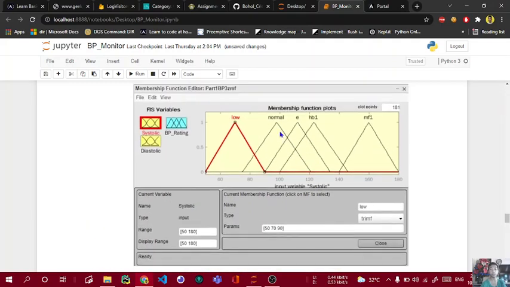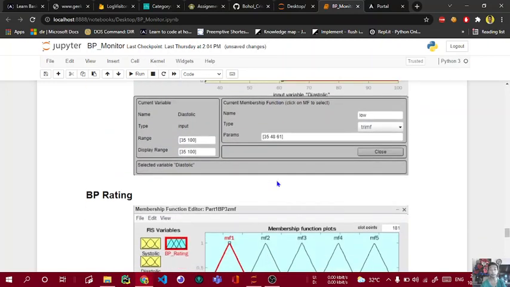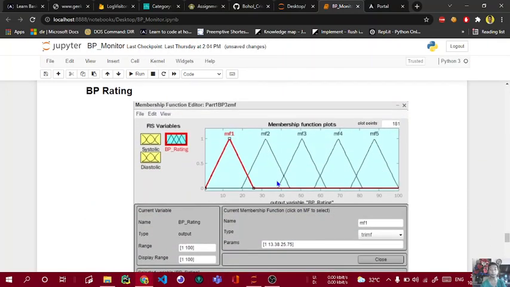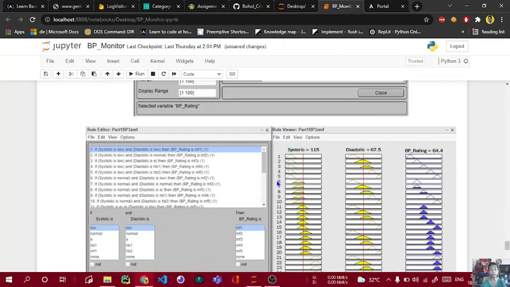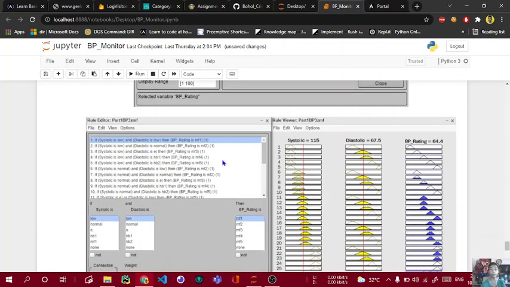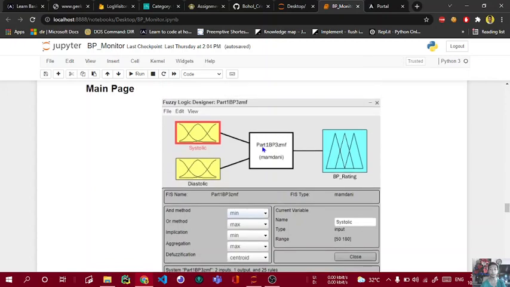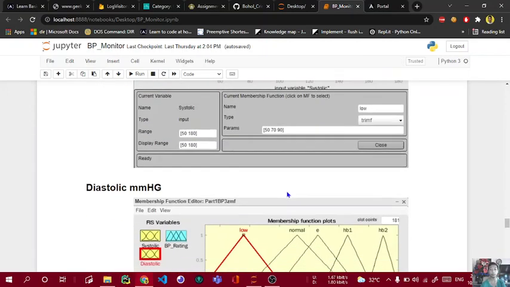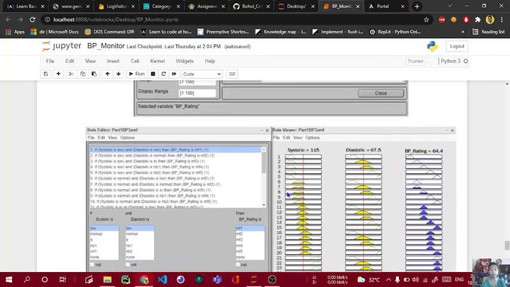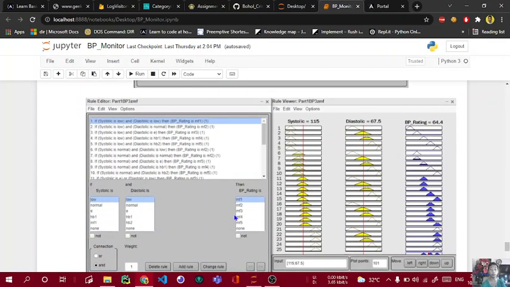After that, I use the rules. If you click this one, you will be redirected to the rule page where you configure what rules are needed.